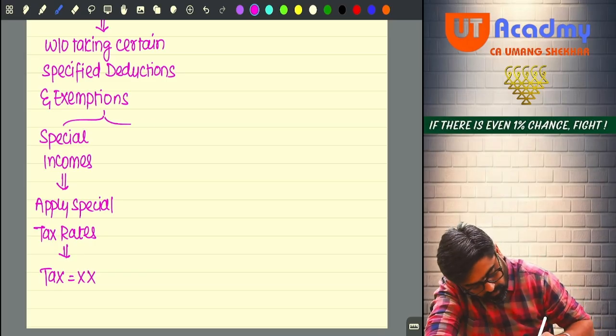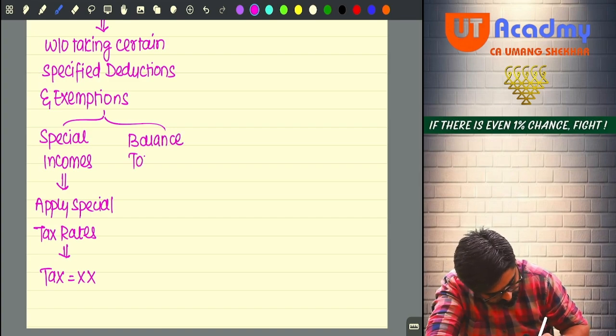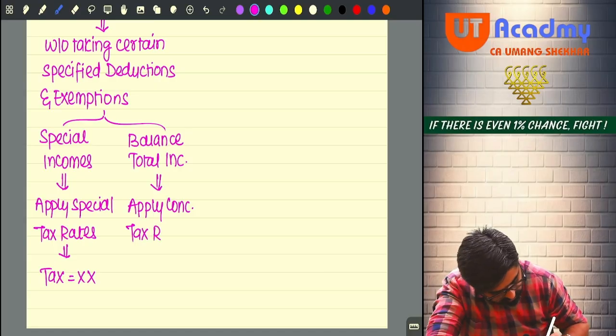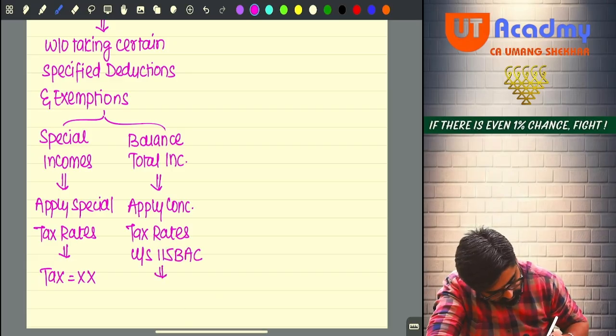But on the balance part of your total income, you are going to apply concessional tax rates which are given under section 115 BSE only, and calculate the tax.